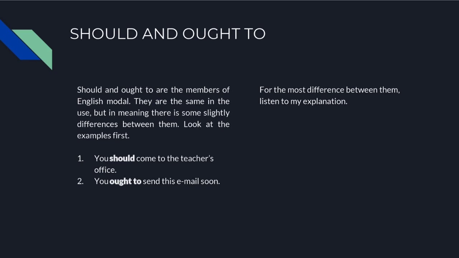And then ought to is a member of modal phrases like be supposed to and would like to, with to at the end. And the modal-like forms is like had better. Had better is usually used to make advice in English. Okay, next.